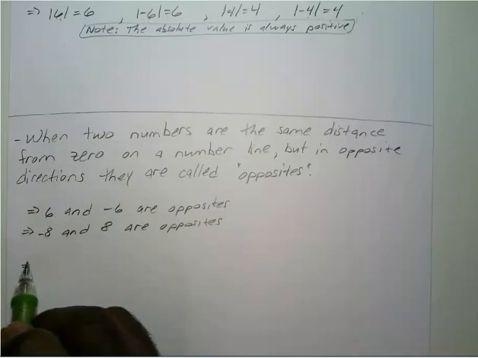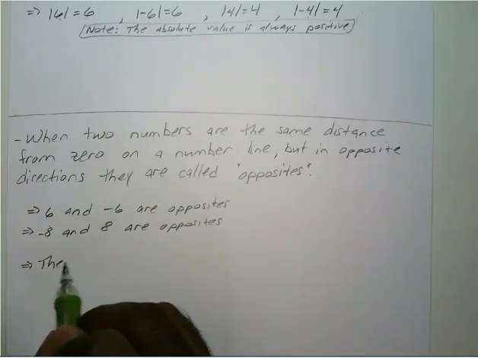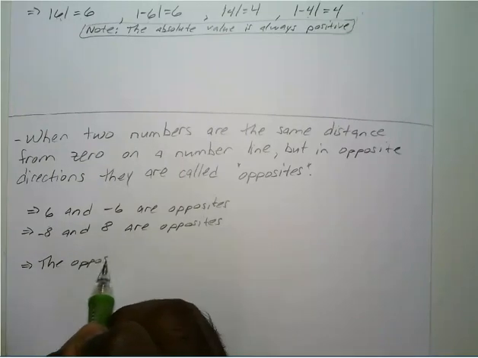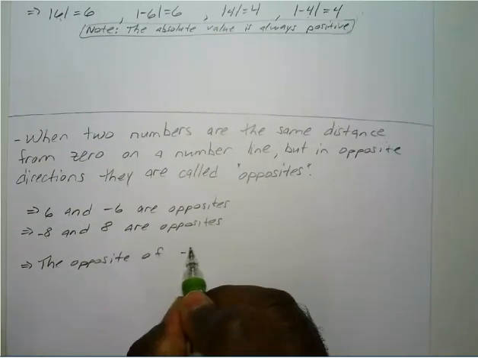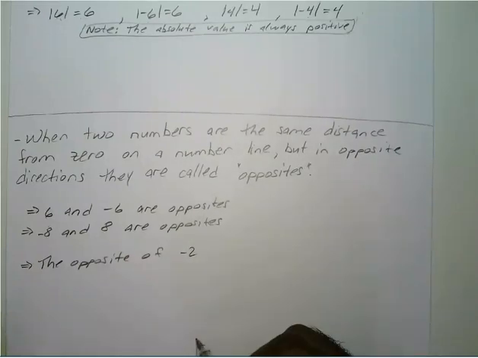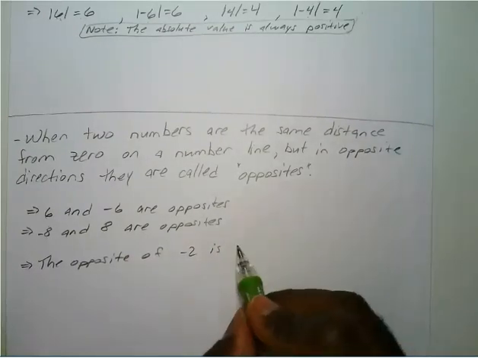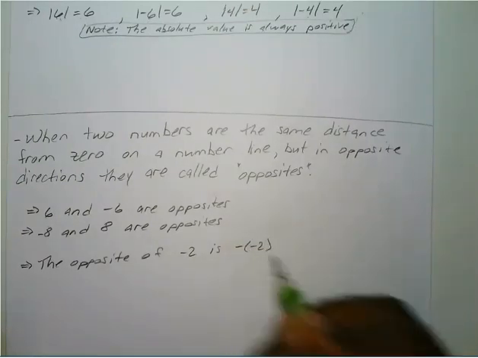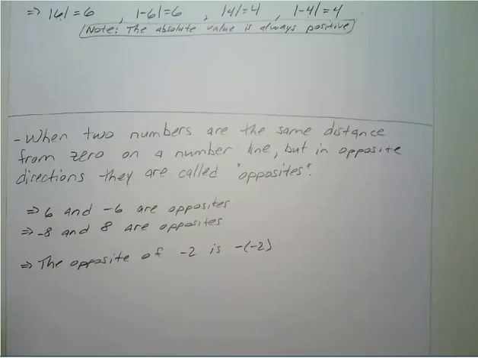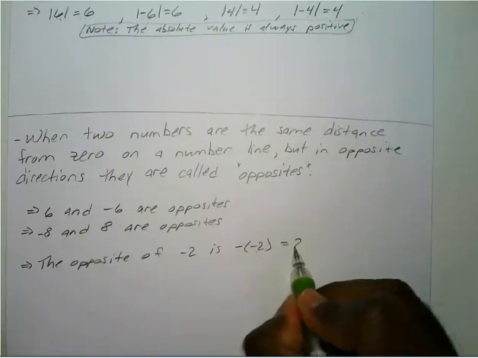Okay, so let's say if we have the opposite of -2, we're going to write that as the opposite of -2. Okay, so what's the opposite of -2? That's just 2.